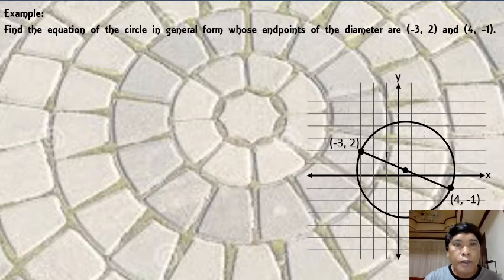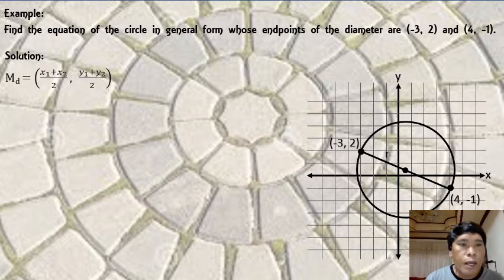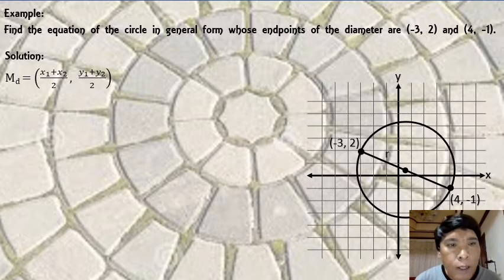So here, before we can find the equation of this circle, we have to find first the center, using the midpoint formula. The midpoint is x sub 1 plus x sub 2 divided by 2, and for the y, we have y sub 1 plus y sub 2 divided by 2.